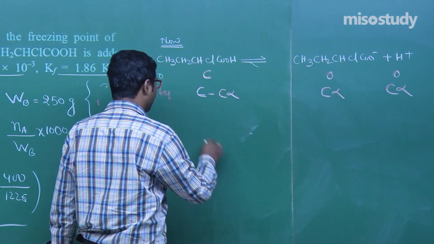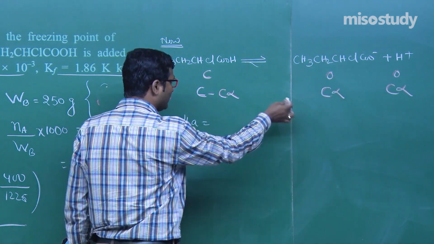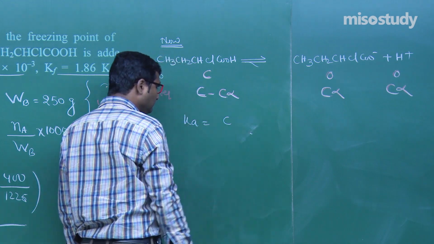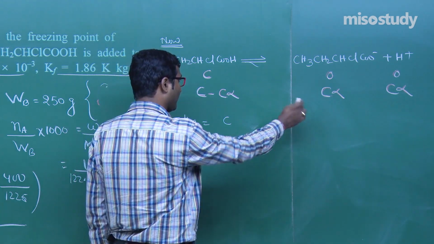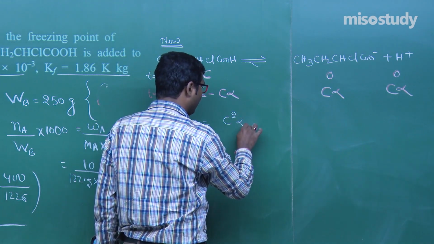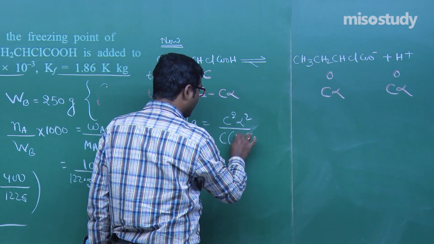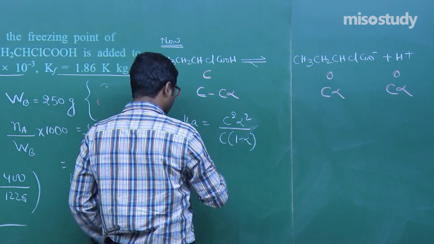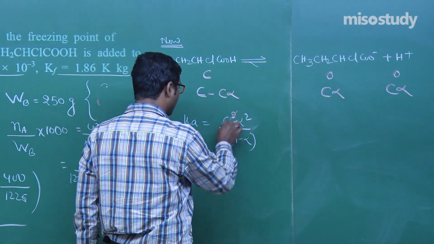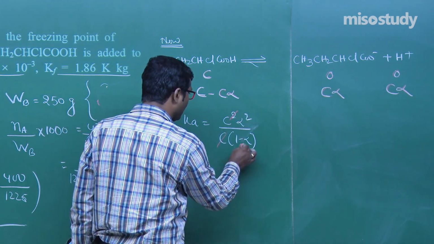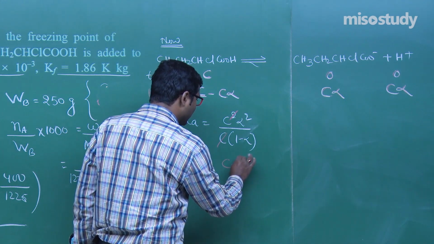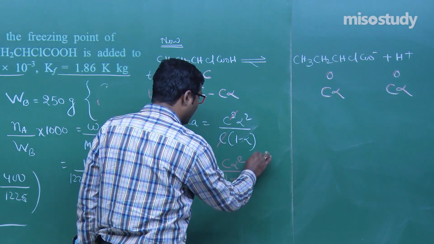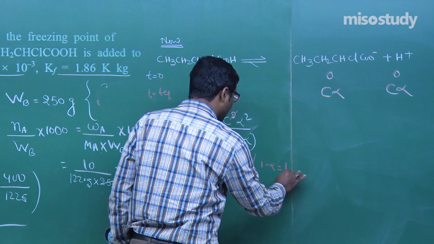What we observe here is that Ka is equal to product concentration upon reactant concentration. That is C square alpha square upon C into 1 minus alpha. Clear to you? This is chemical equilibrium. So Ka is equal to C alpha square upon 1 minus alpha. 1 minus alpha is approximately equal to 1.